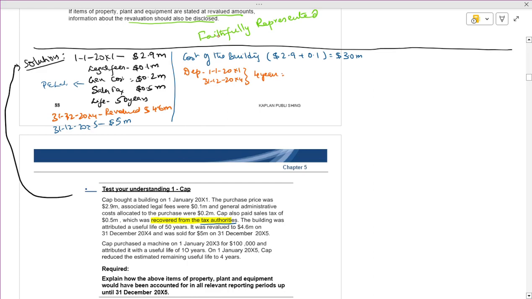They have mentioned anything on the scrap? No. It comes to how much? It comes to 3 million divided by 50 years. Is it right?